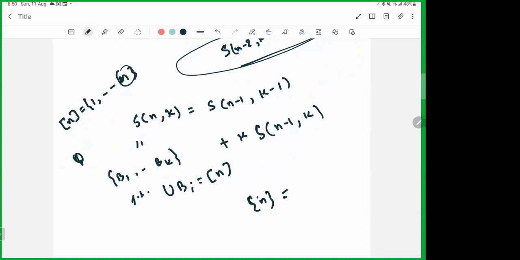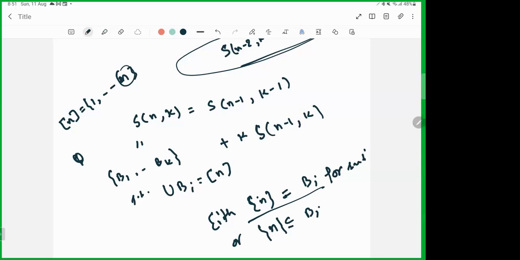Either this n equals bi for some i, or this singleton n is contained in some bi. I am taking both cases. If n comes as a single bi, that means the same thing as S(n-1, k-1). If n is contained in some bi, that means n minus 1 already has k blocks, and this n has k choices. It can go into any of the k blocks. So that is how we are getting the recurrence.